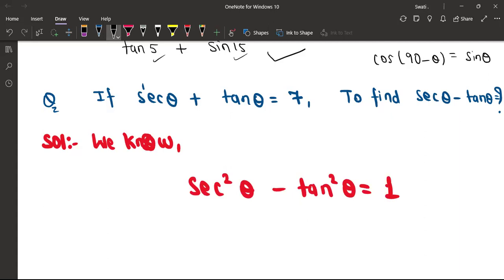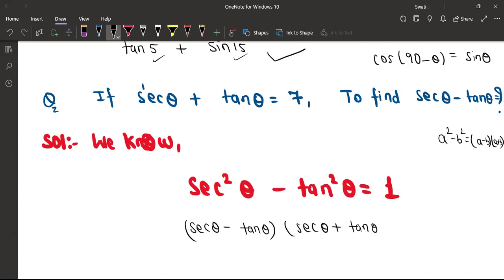But if you notice, Manya, this formula is in the form a square minus b square, right? And we know the formula for a square minus b square, that is a minus b times a plus b. Tell me Manya, sec square theta minus tan square theta will become sec theta minus tan theta times sec theta plus tan theta, right? Using the formula we have got this.